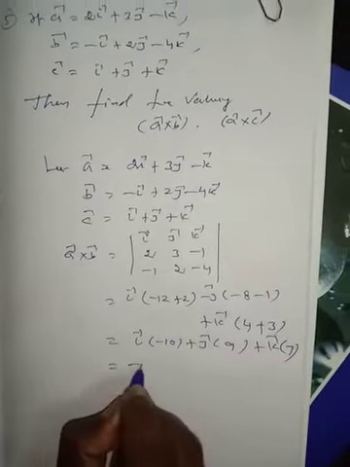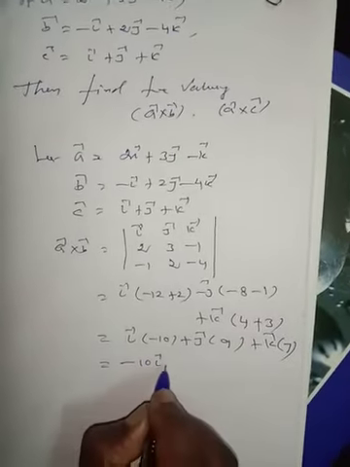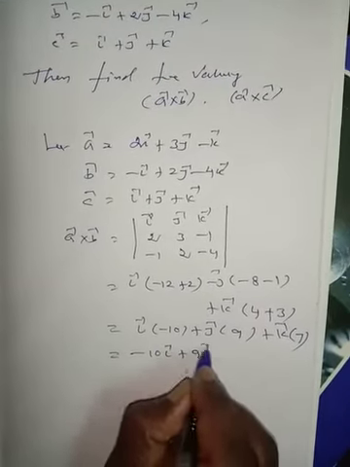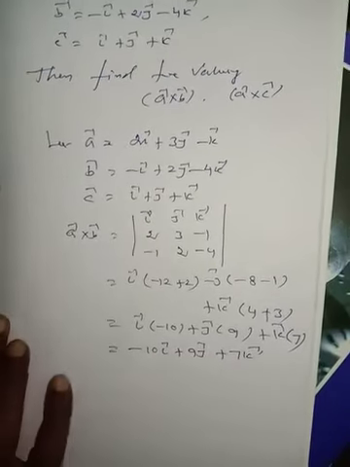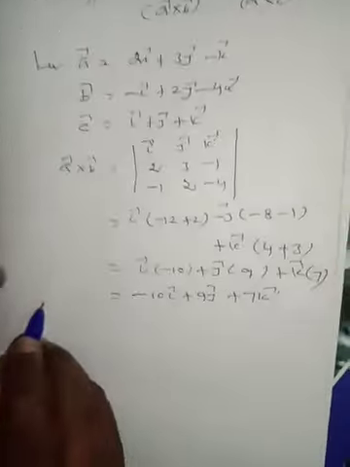This means minus 10I vector plus 9J vector plus 7K vector.